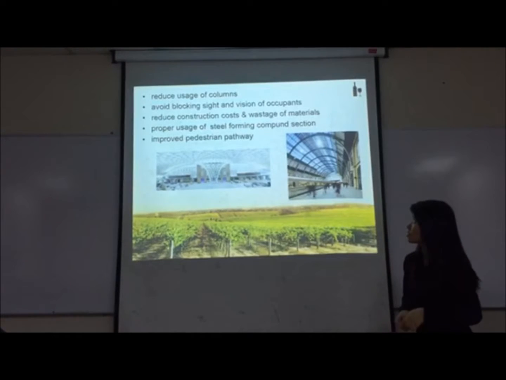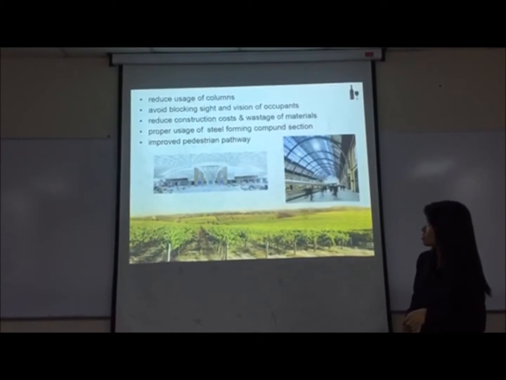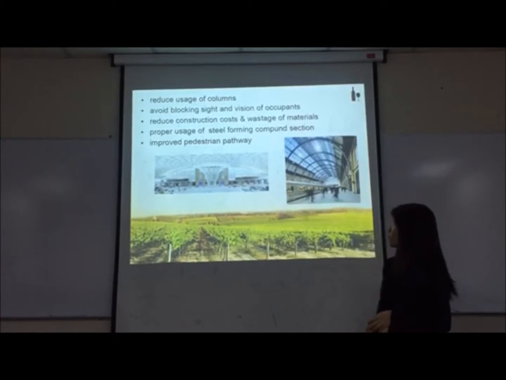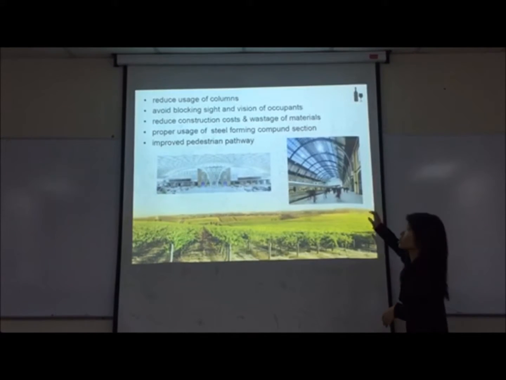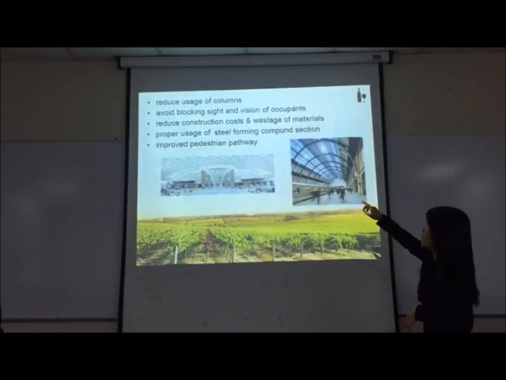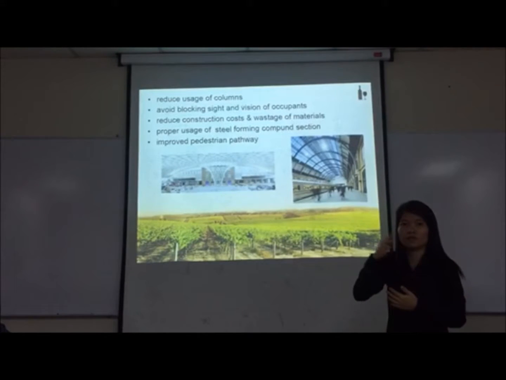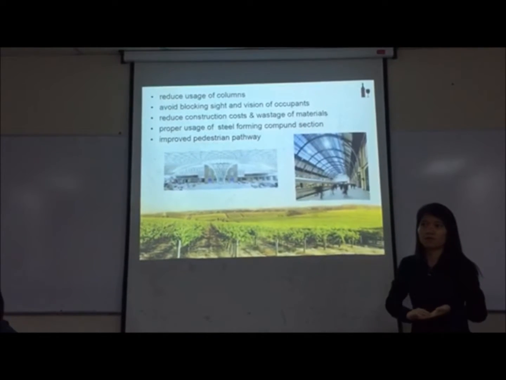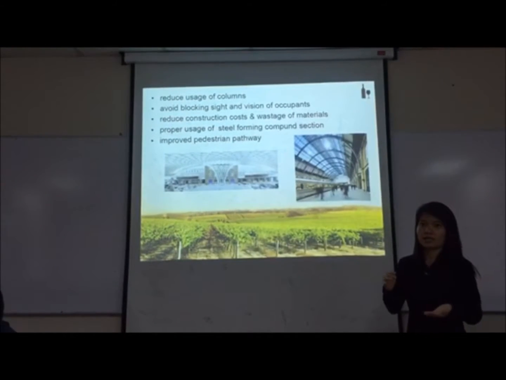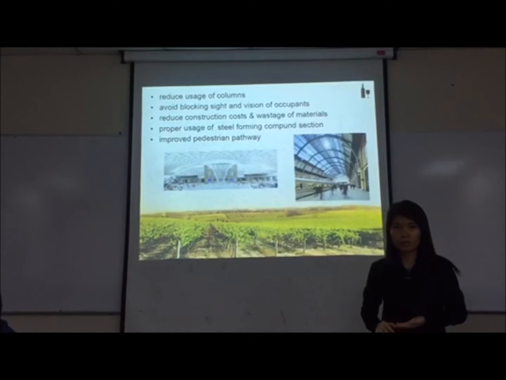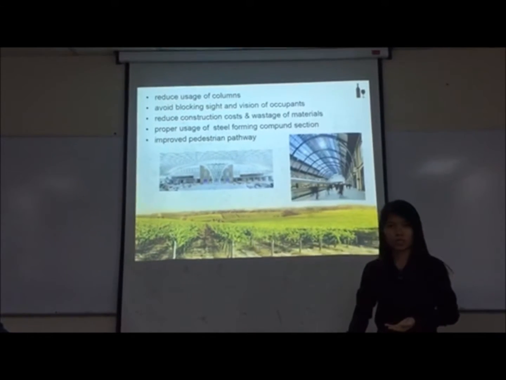And with the proper usage of steel forming compound sections and improving the pedestrian pathway, you can see from this picture that the beam is connected from above with different shapes, because steel can be deformed into different shapes and sizes, followed by the requirement and the design of the beam.